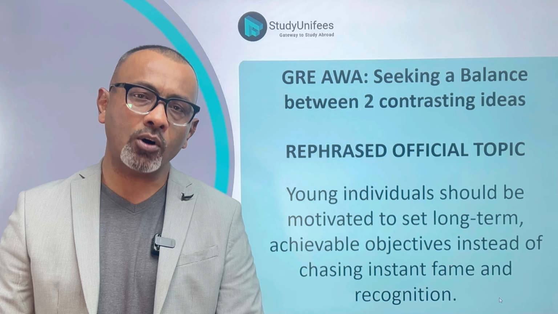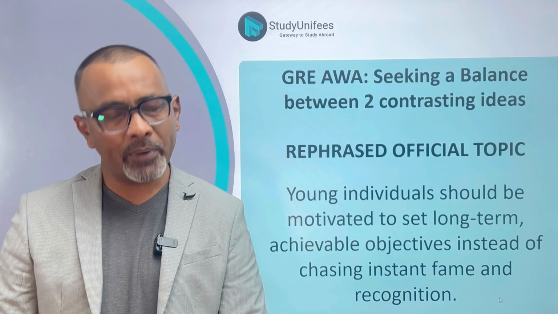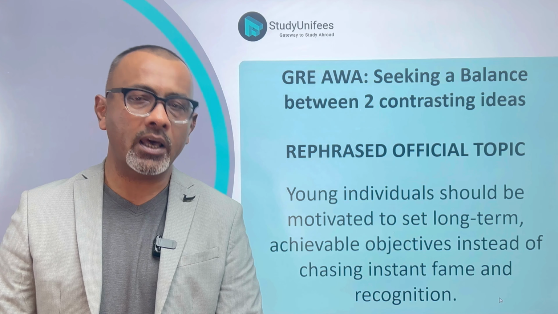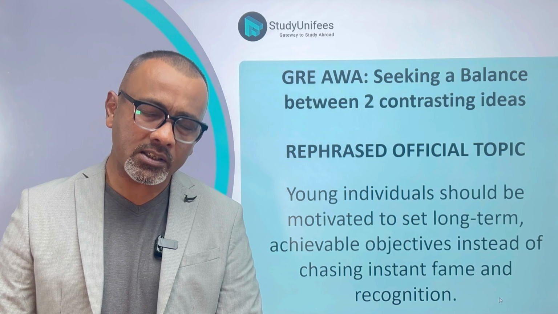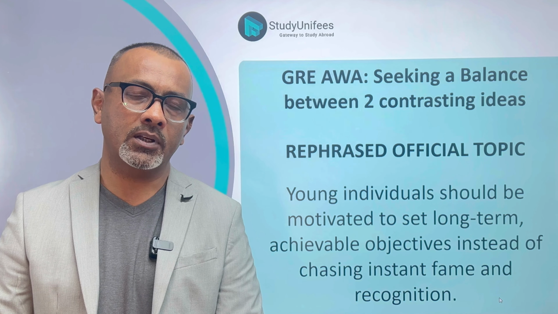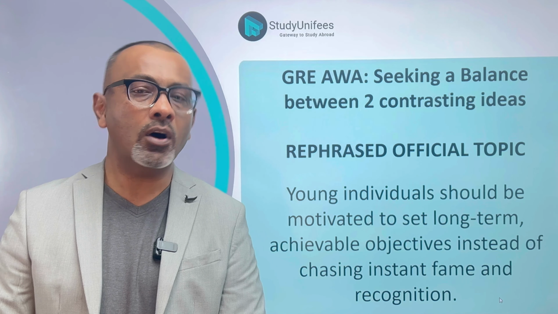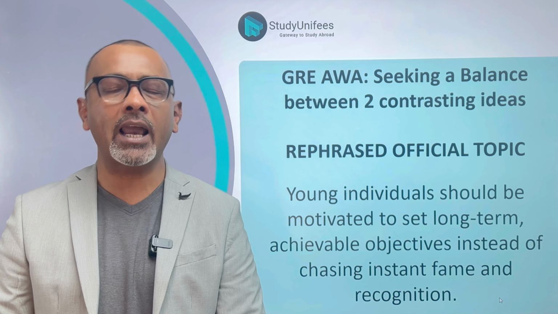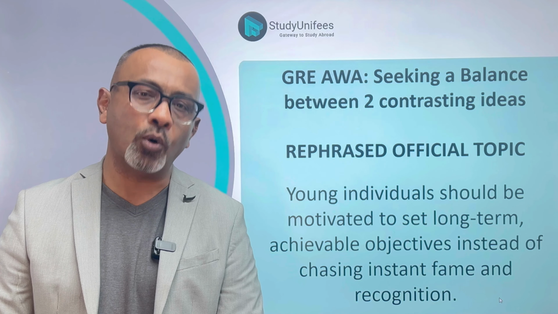The two things that have been contrasted against each other are basically, on one hand, setting long-term realistic goals, and on the other hand, chasing instant fame and recognition. The most balanced perspective on this topic would be to basically say that young individuals can be encouraged to achieve both.